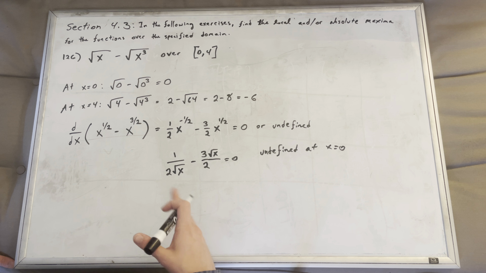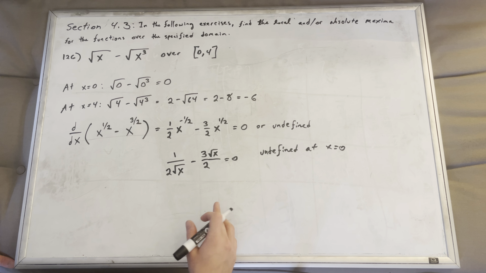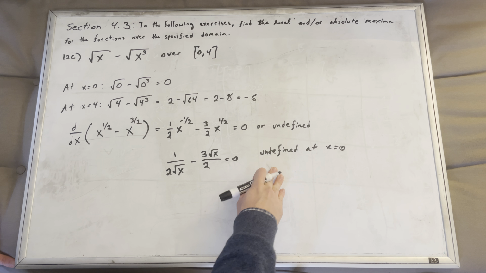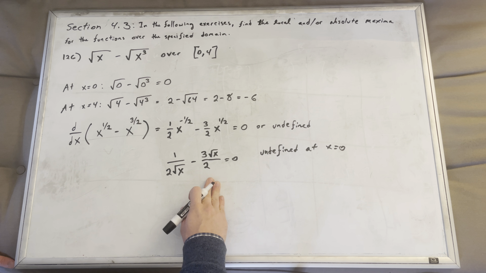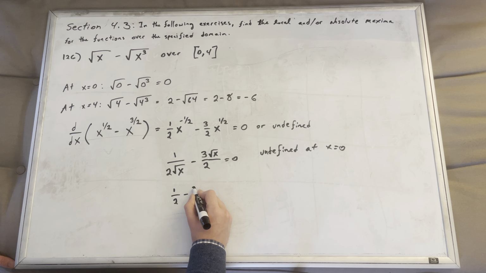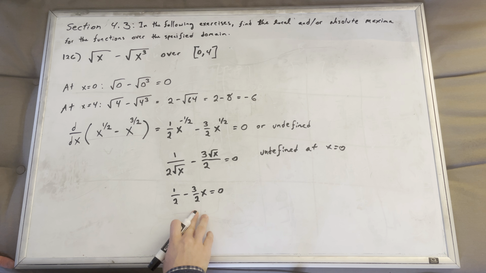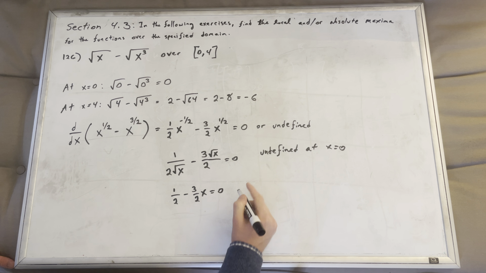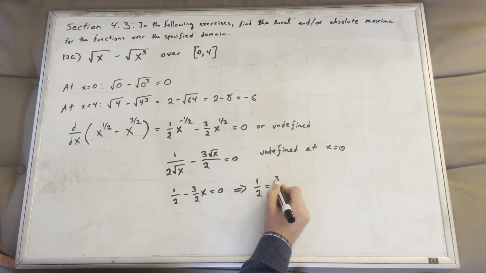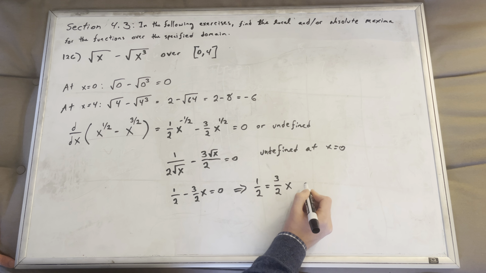Now, to determine other possible critical points, because we've already considered the case where x equals 0, I can multiply both sides of this equation by square root of x and get 1/2 minus 3/2 x equals 0. Adding 3/2 x to both sides, this becomes 1/2 is equal to 3/2 x.